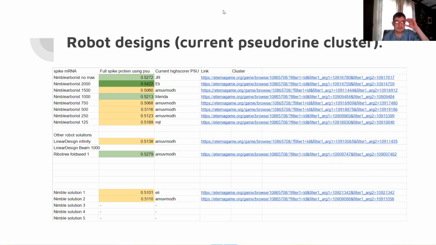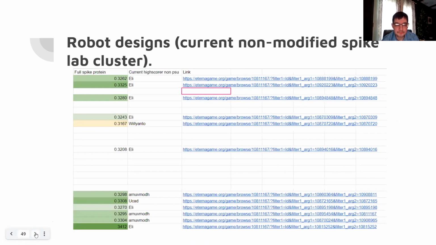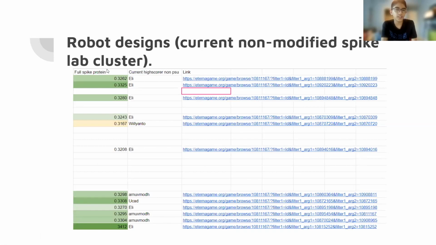There's my design. These are the non-modified Spike Lab robot design clusters. So far, only a handful of us have contributed, but any of you can help by improving these designs.